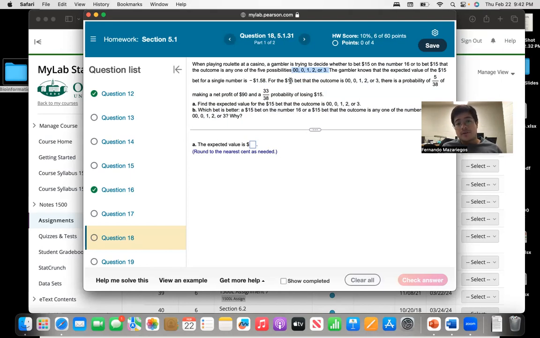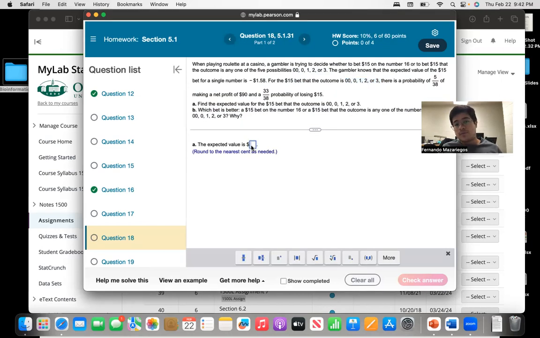For the $15 bet that the outcome is 0, 00, 1, 2, or 3, there is a probability of 5/38 of making a net profit of $90 and a 33/38 probability of losing $15. Part A, find the expected value for the $15 bet that the outcome is 0, 00, 1, 2, or 3.